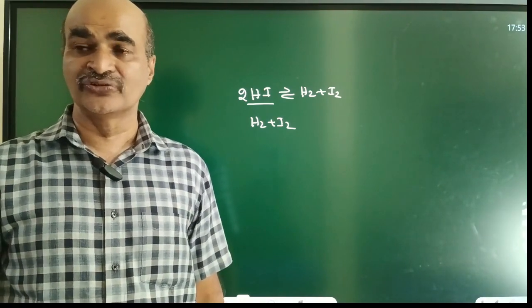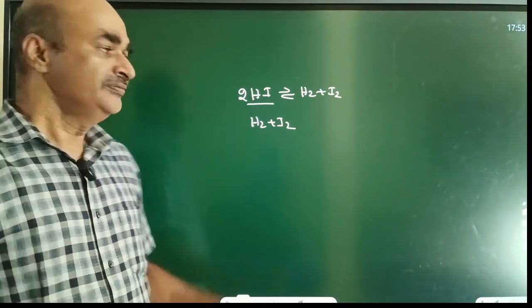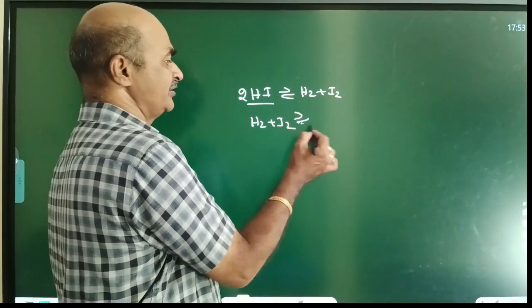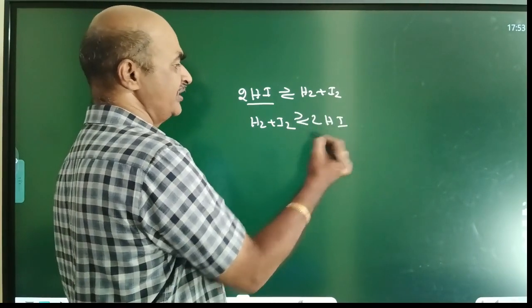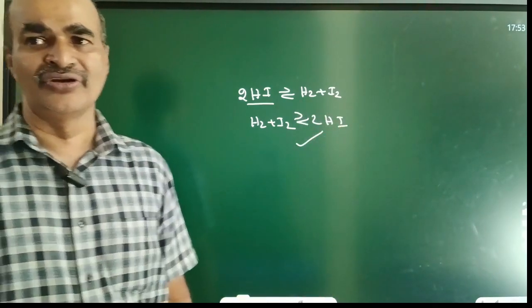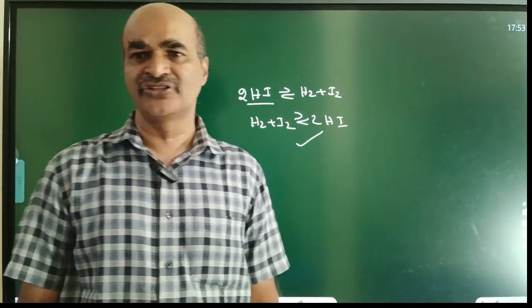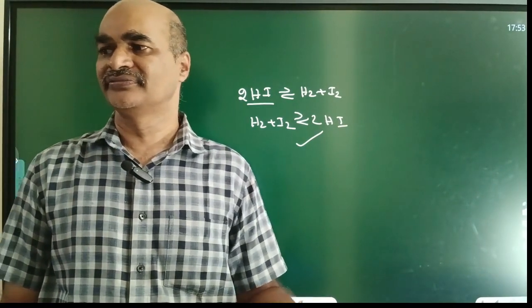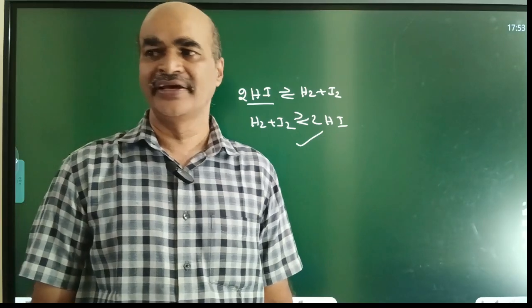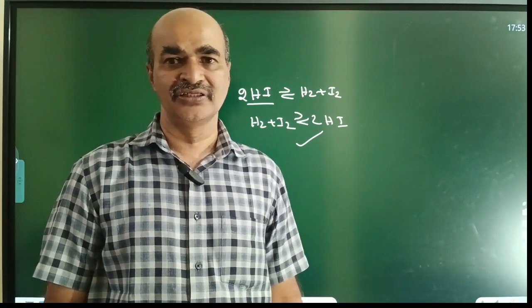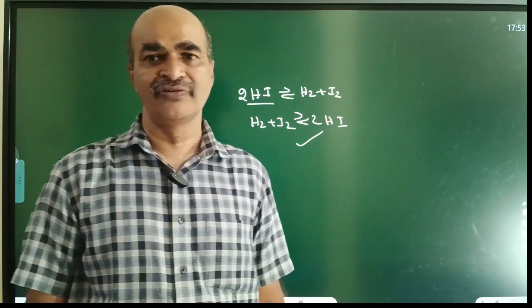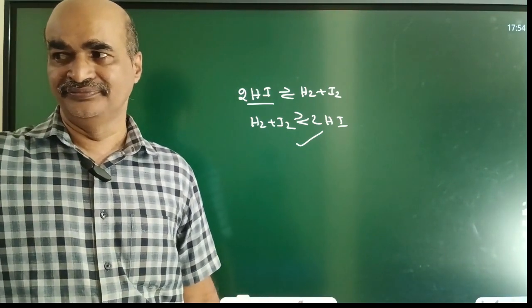If you take H2 plus I2 as reactants, they give rise to HI, and here also equilibrium is established. So equilibrium can be established from either direction. This is a characteristic property of equilibrium.